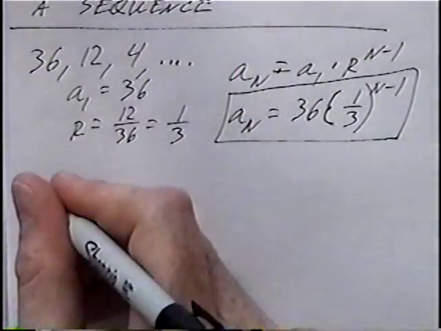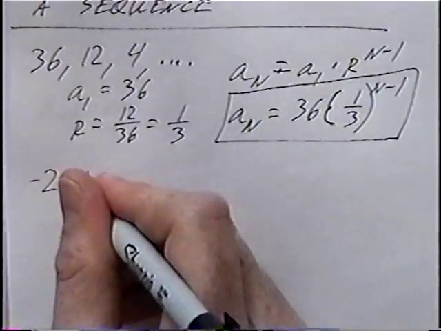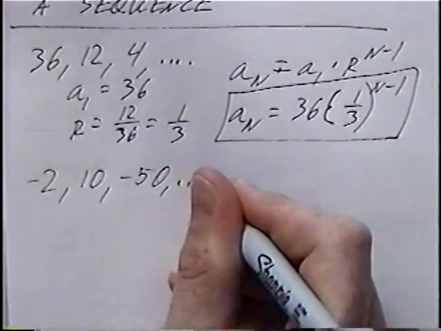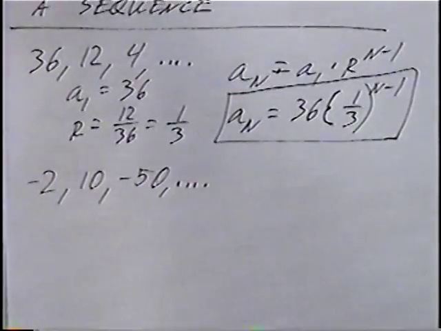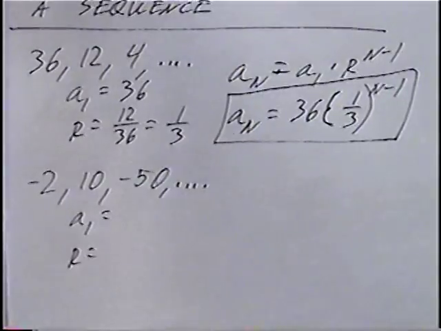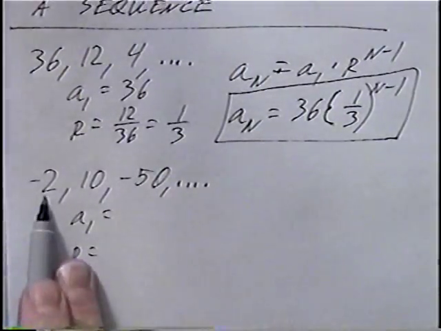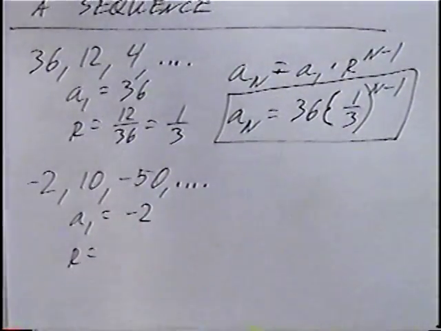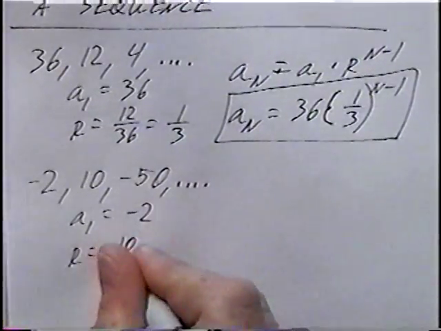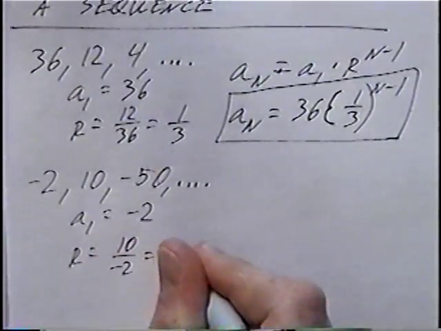Next sequence we'll look at is -2, 10, -50, dot dot dot. Again, the two numbers we need are a sub 1 and also the rate. A sub 1 is just the first number, which would be -2, and the rate is the second number divided by the first number, which will be -5.